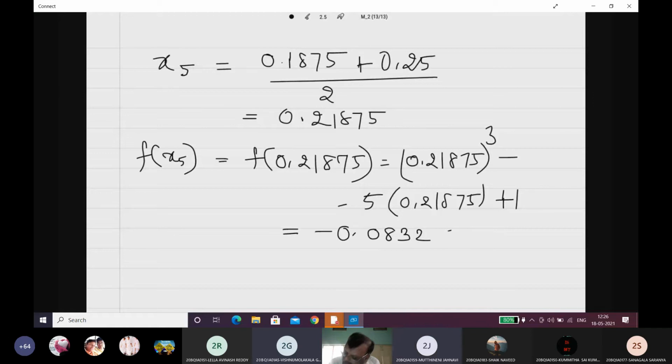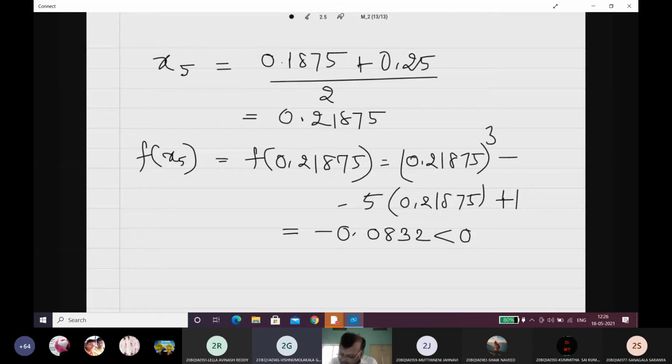Positive or negative? Negative. Again it is negative, sir. Is it right? That means 0.1875 is positive and 0.21875 is negative.